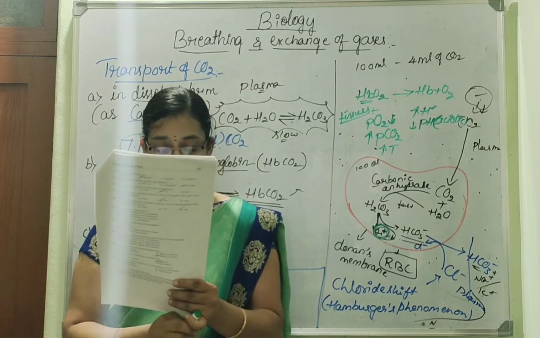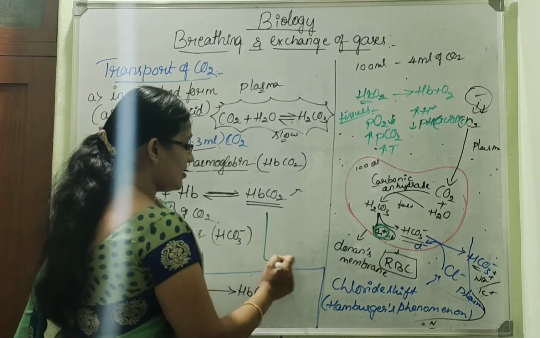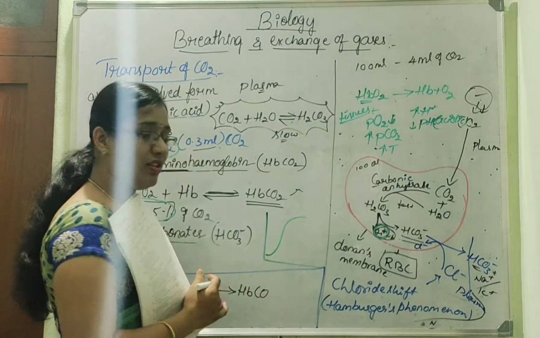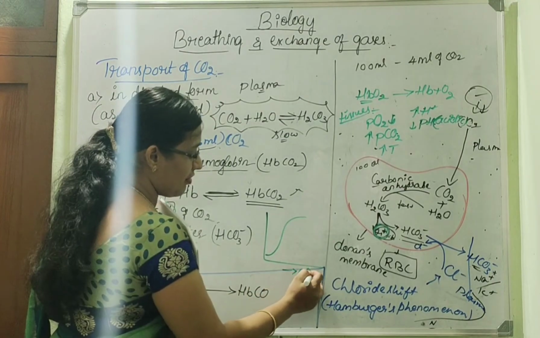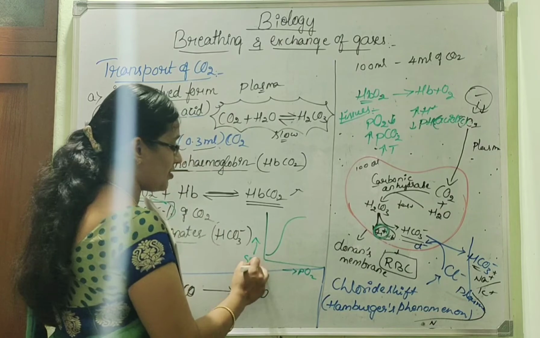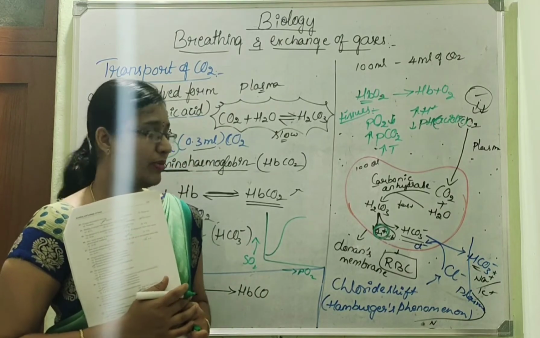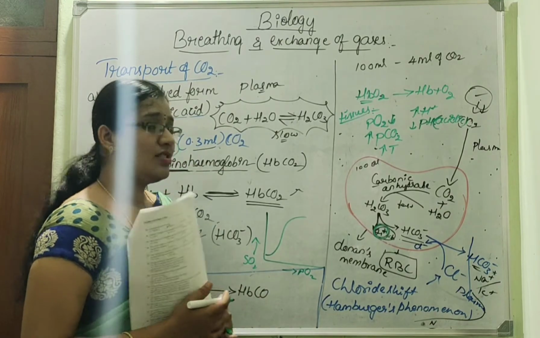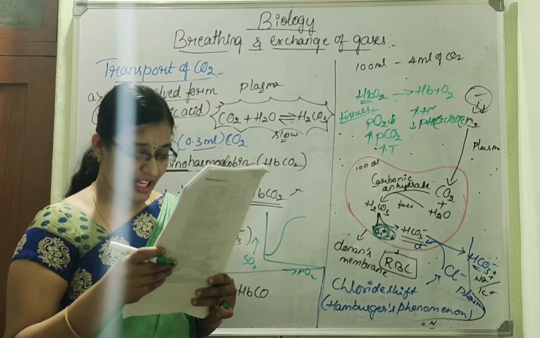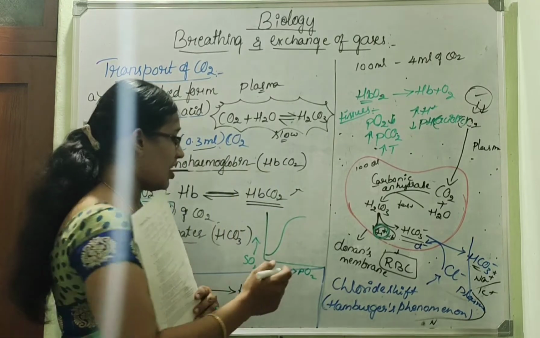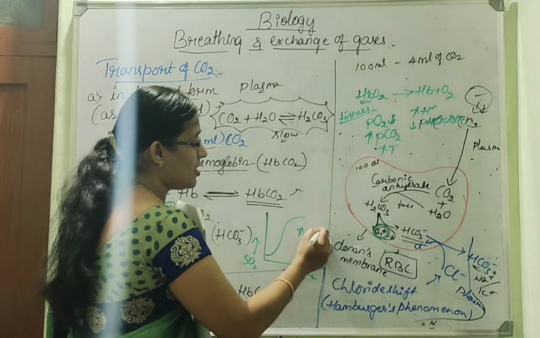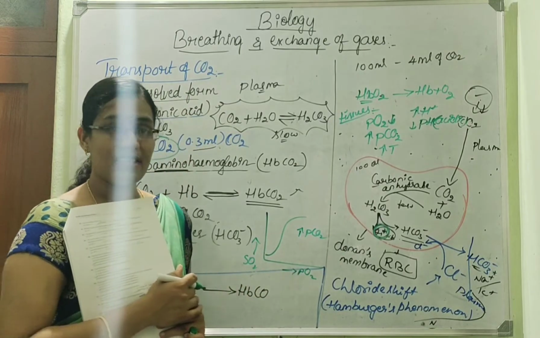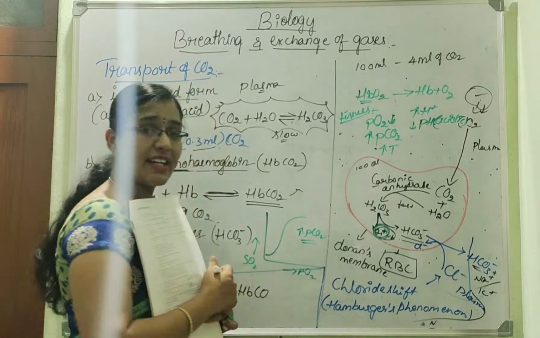When partial pressure of carbon dioxide, that is PCO2, rises, the oxygen dissociation curve of hemoglobin at 37 degrees Celsius will. So here, this is the oxygen dissociation curve. This is the partial pressure of oxygen, and here it is the percentage saturation of hemoglobin. As the partial pressure of carbon dioxide increases, where does this occur? Inside the tissues.